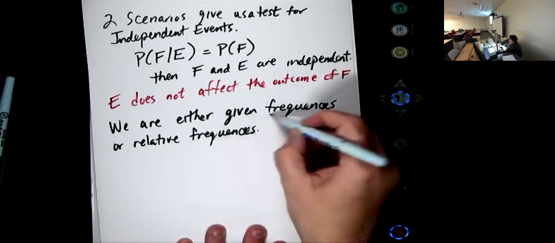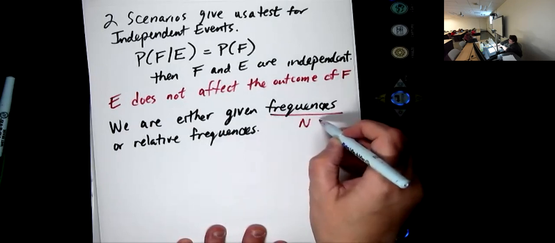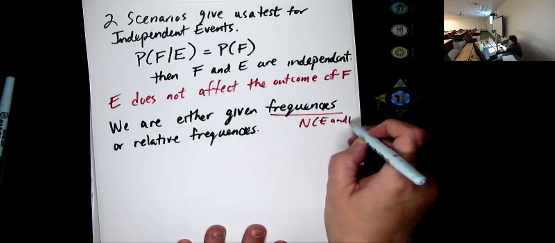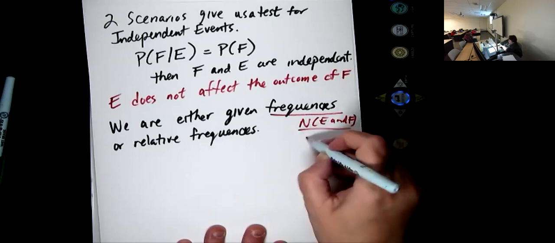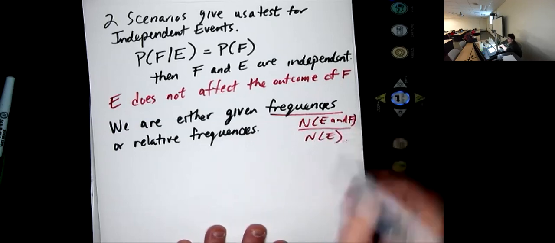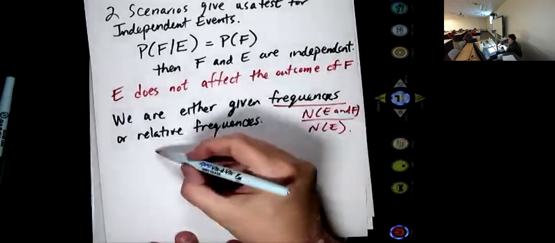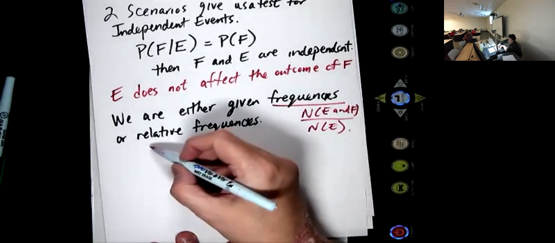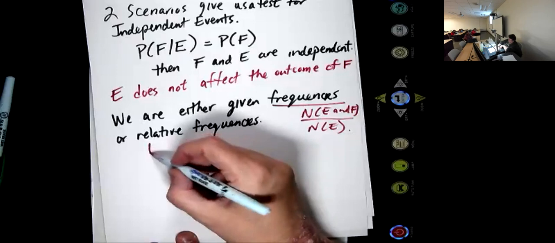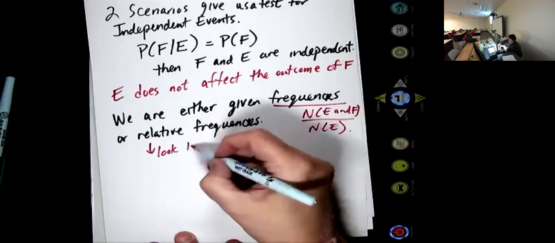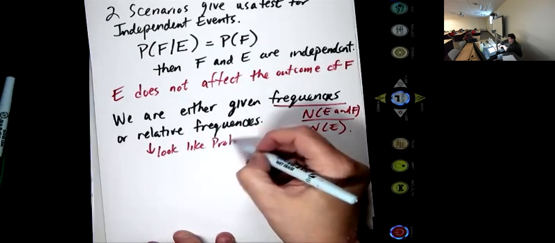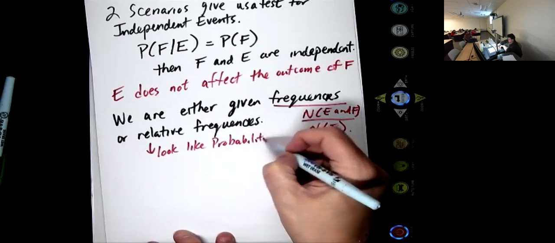If we're given frequencies, we're going to do the number part. The number of E and F over number of E, and we'll do that first. Relative frequencies look like proportions or percentages. These look like probabilities, because they're all less than 1.